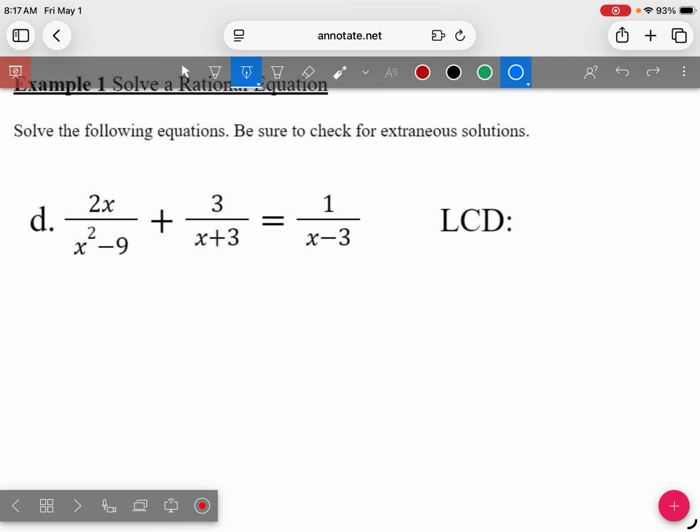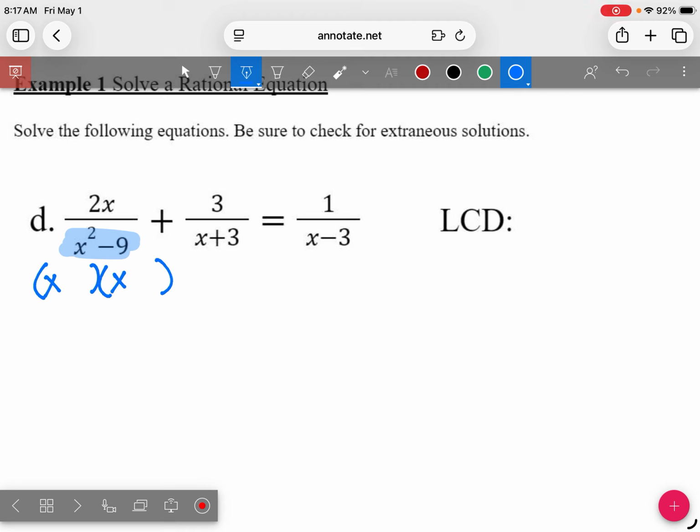So check your denominators, okay? I got 1, 2, 3. Does everybody notice that this one can be factored? X squared minus 9 can be factored. So we're going to factor that down. That's the difference of squares. What multiplies to be x squared?